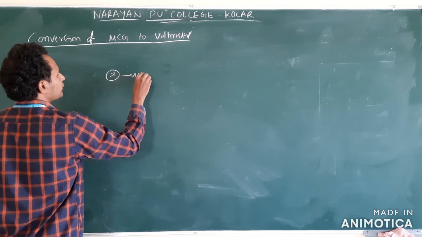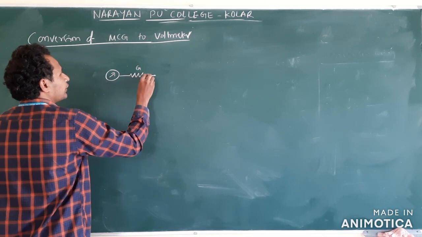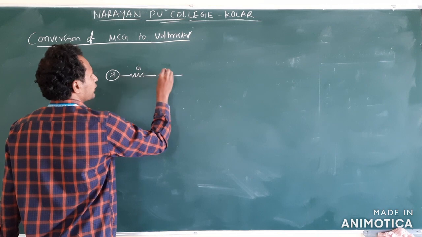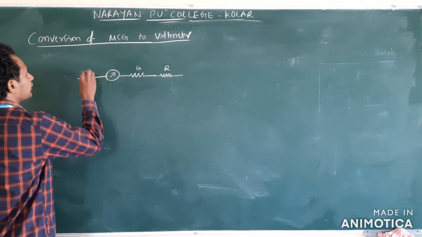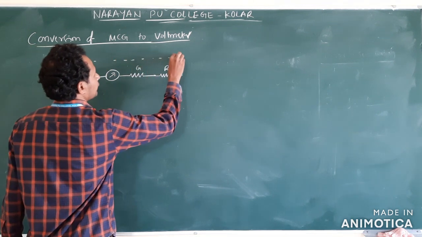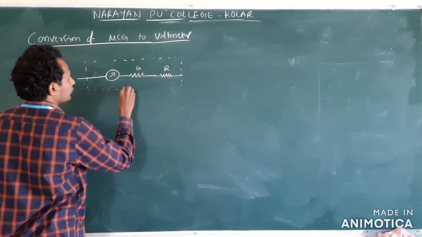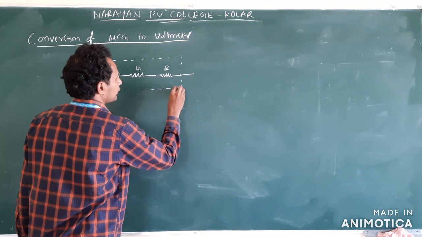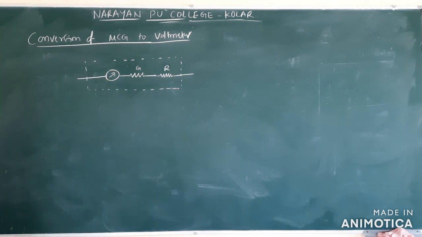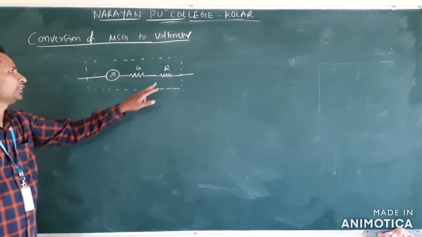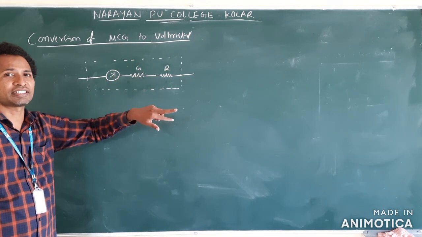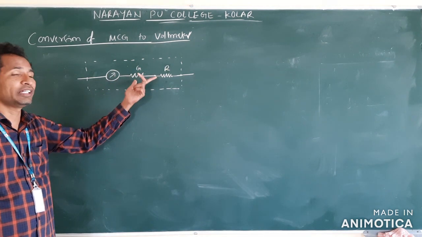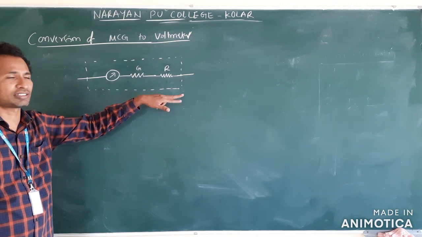It has resistance G. We need to connect a new, large resistance R in series. Then this is called a voltmeter. How? By connecting high resistance in series. For ammeter, low resistance in parallel; for voltmeter, high resistance in series.